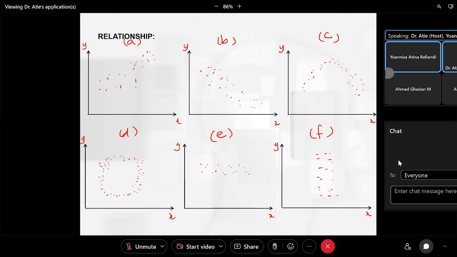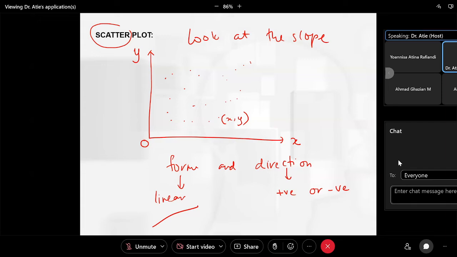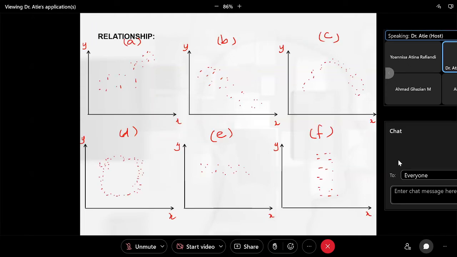Do X and Y have a relationship or not in graph A? Remember, I told you before, in order to identify a relationship in a scatter plot, we need to look at the slope, right? So what do you think?